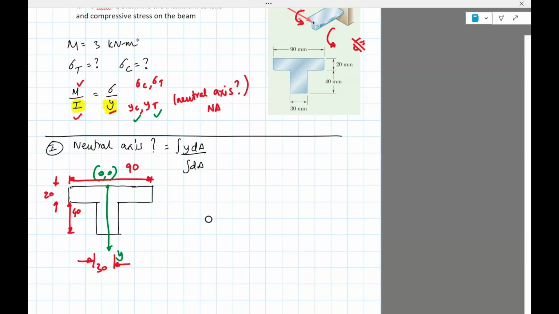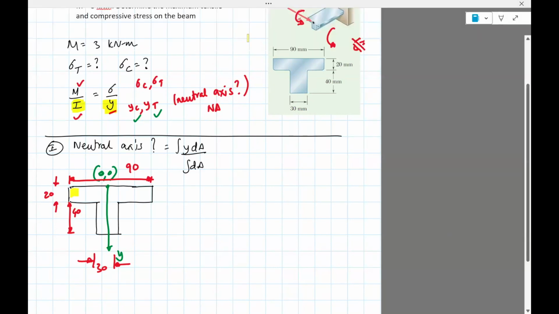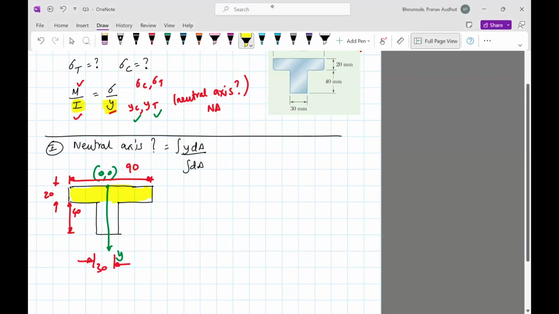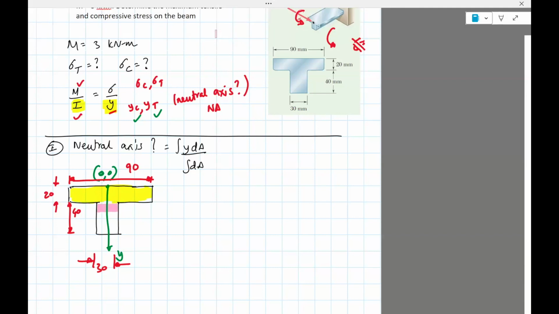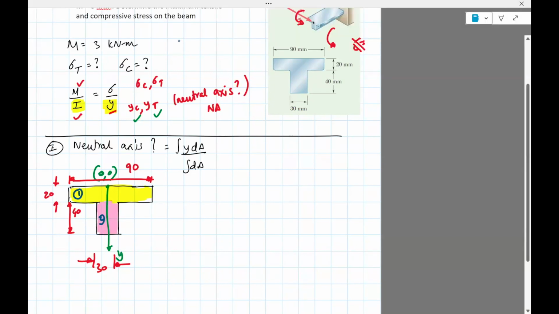You just have to compute the y, because that's what will actually come in the equations, the neutral axis. Okay, so what I'll do is here, I'll break it into two geometries. That's my first geometry. And the second geometry is here. Let's call them 1 and 2.